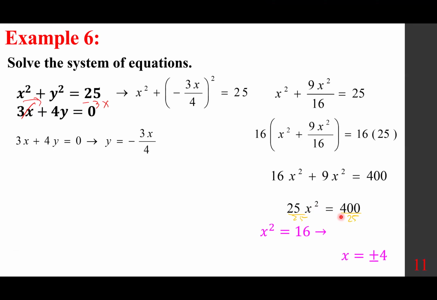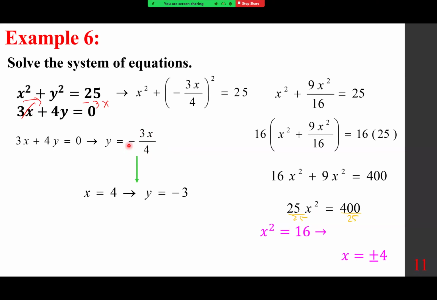Now we go back to either this one or this one. It really doesn't make much of a difference. If I plug in 4 here, this 4 cancels out this 4, and I get -3.